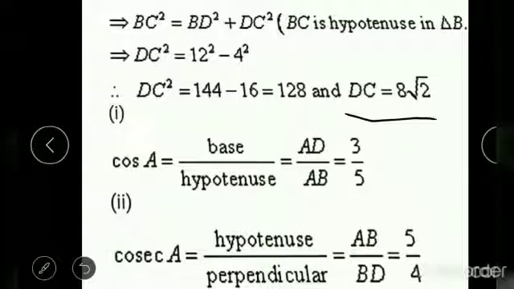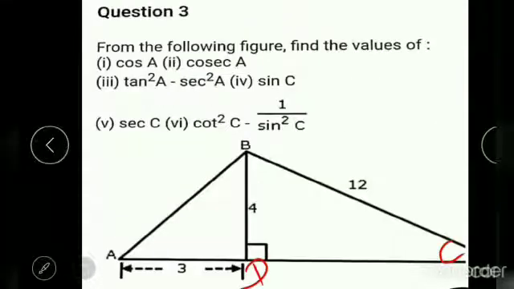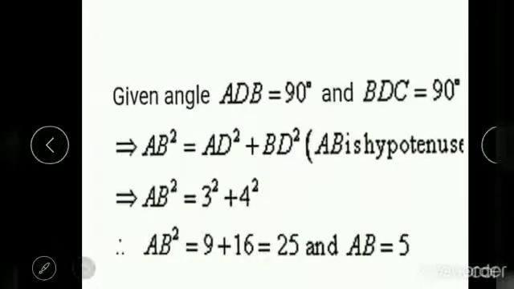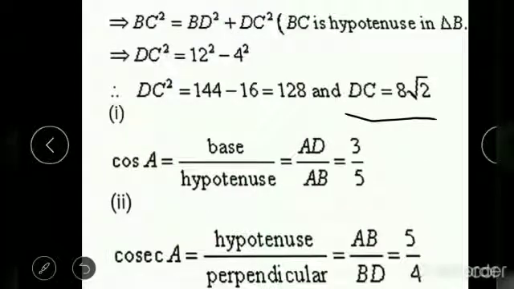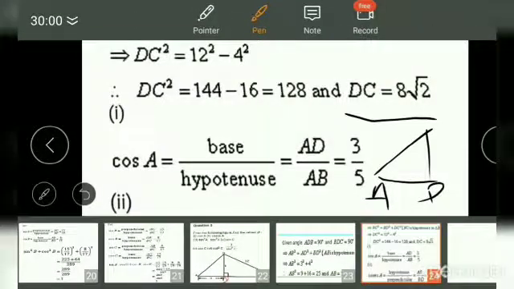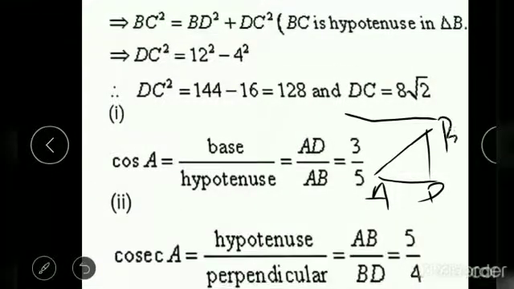The first one we have to find out is cos A. So here you are going to take the reference angle as A, and you have to find out cos A, right? So what is the formula to find cos A? Cos A is base by hypotenuse. In that triangle you have A, D and B. What is the value of AD?